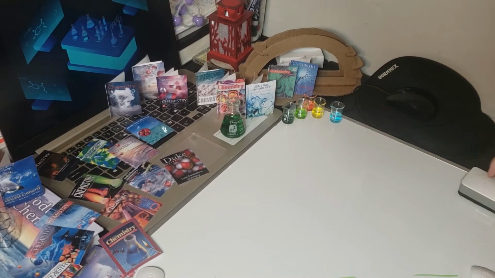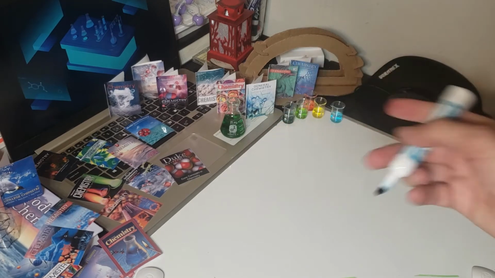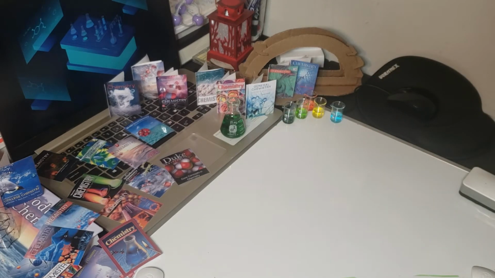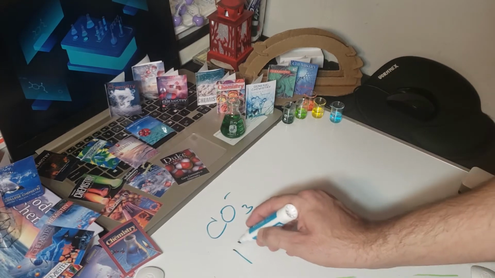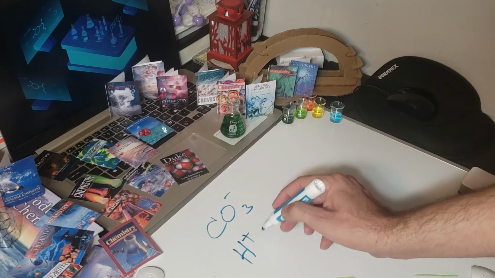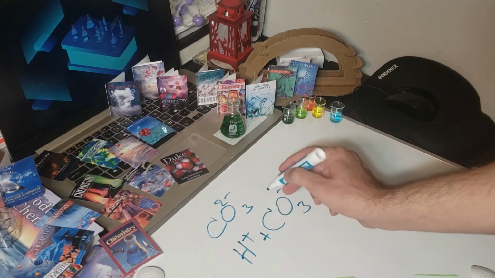So the versions that you could add protons to are the ones with multiple charges. You would have still anions, because the versions that have just one negative charge, if you add one proton, they would be acid versions, and we will talk about that real quick. But first let's talk about this. So CO3 double minus, if you add one proton, it's adding H plus to CO3 double minus.